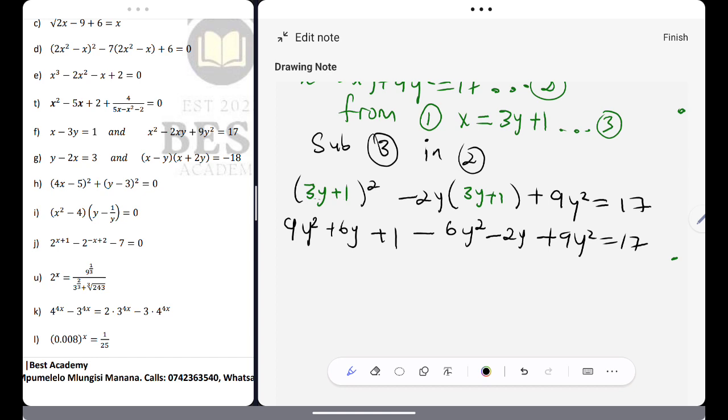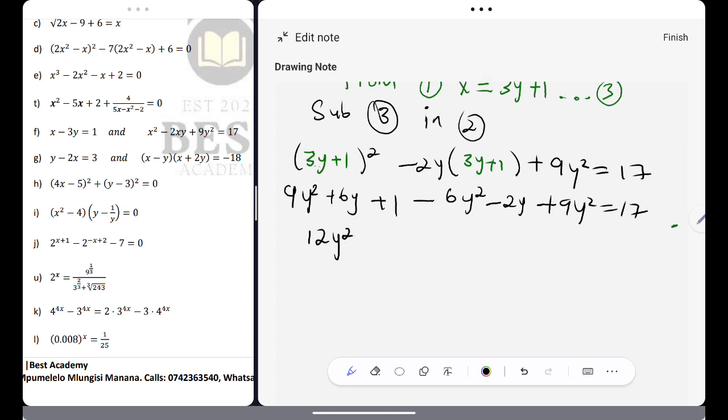Okay, I have 9y squared plus 9y squared is 18y squared minus 6y squared. I'll get 12y squared. 6y minus 2y is a positive 4y, and then I'll have a 1 is equal to 17.